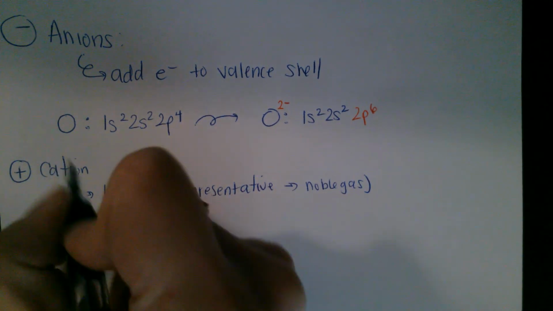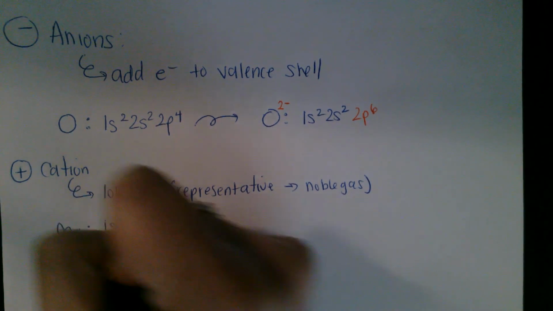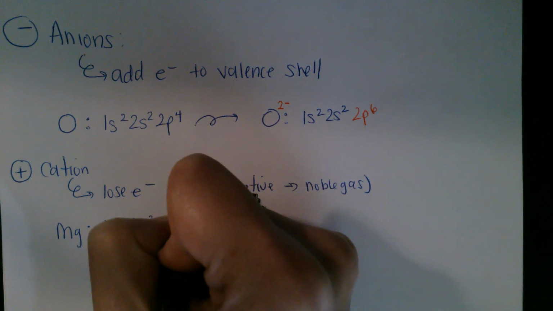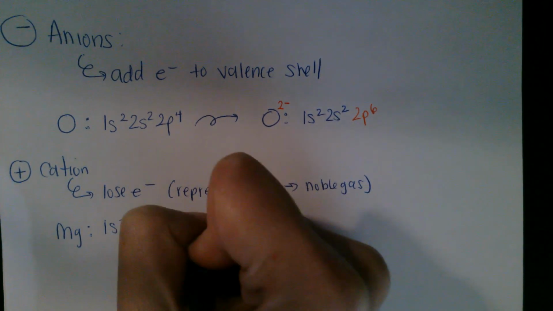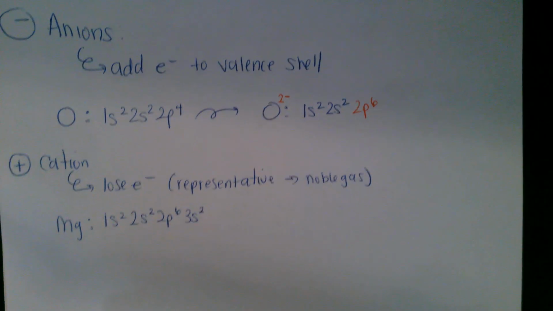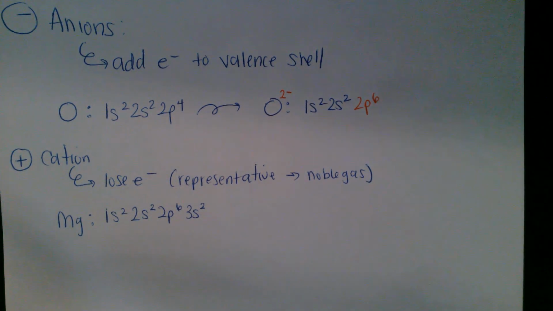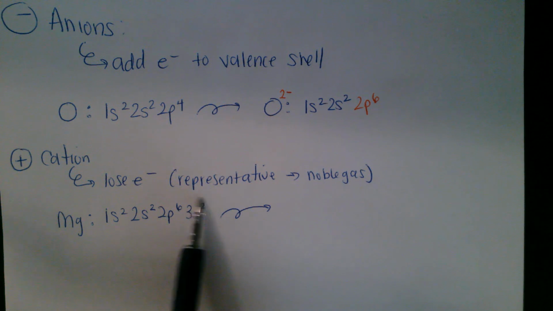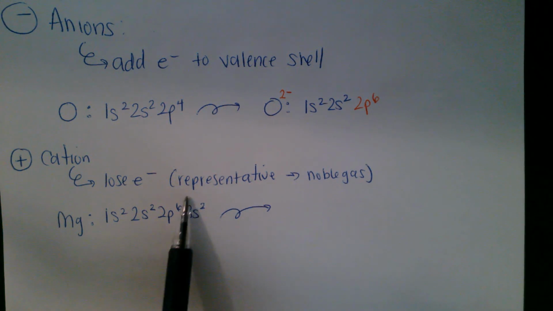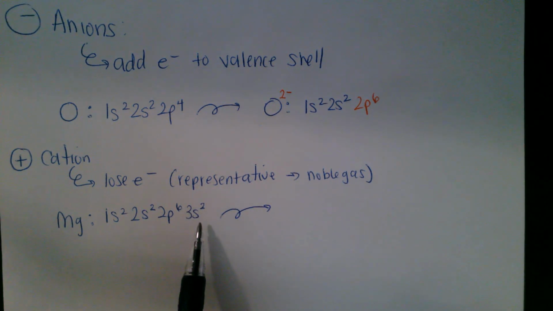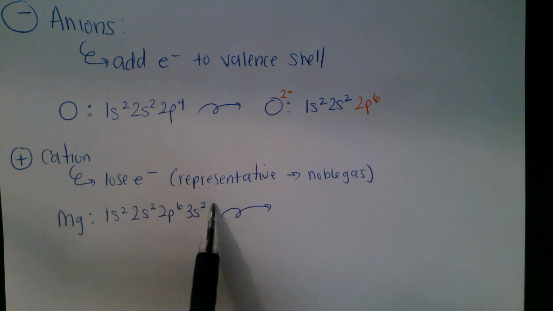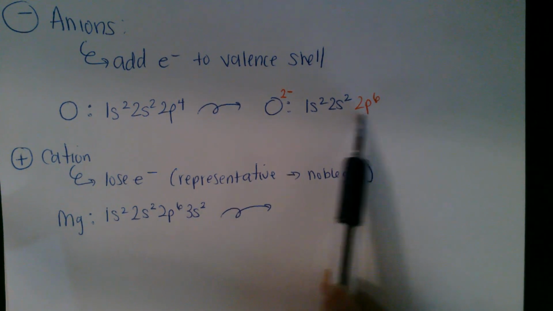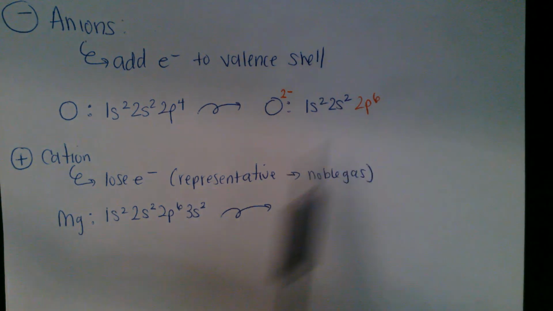So magnesium: 1s2, 2s2, 2p6, and 3s2. To get the most stable shell, since the 3s doesn't really have very many electrons in there, in terms of energy, it takes less to lose these than to try to gain and fill that outer shell to become 3p6.